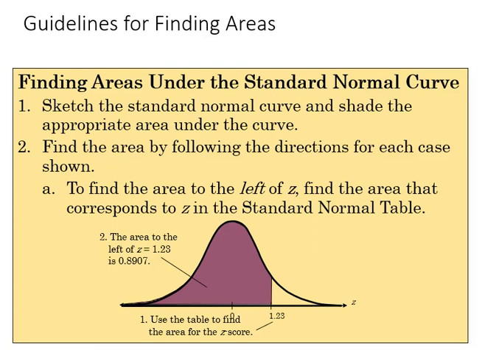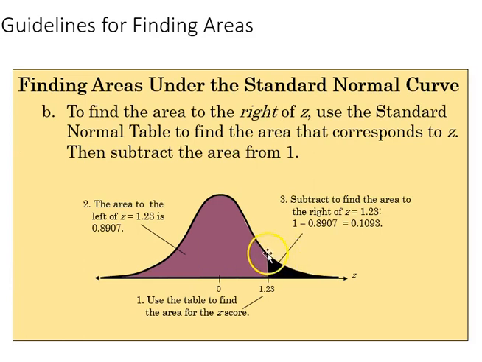So if we want to find the area under the standard normal curve that corresponds to a particular z-score, we have to start by sketching the standard normal curve and then shading in the appropriate area that corresponds to that value. So if the value is 1.23 here, then it's everything over to the left, and that's going to give us what we need.